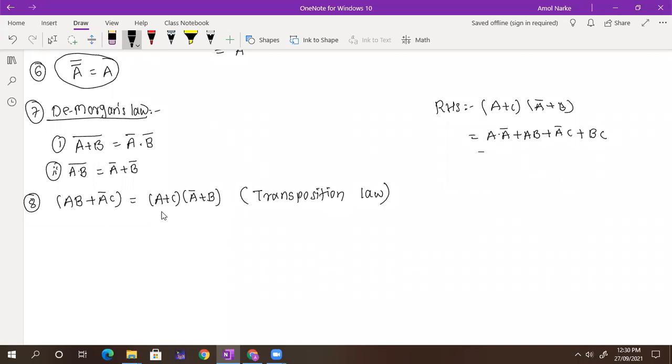So what is this? A into A bar is 0. So 0 plus AB plus A bar C plus BC. Here 0 plus anything gives the same thing. Yes, what is next?